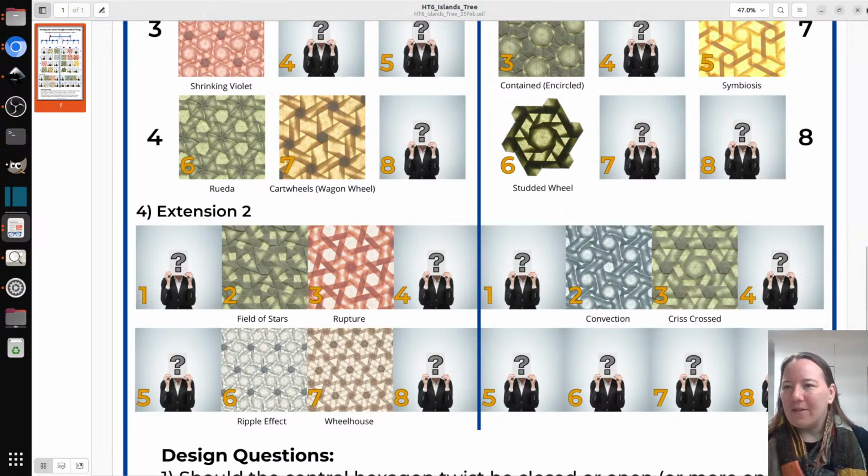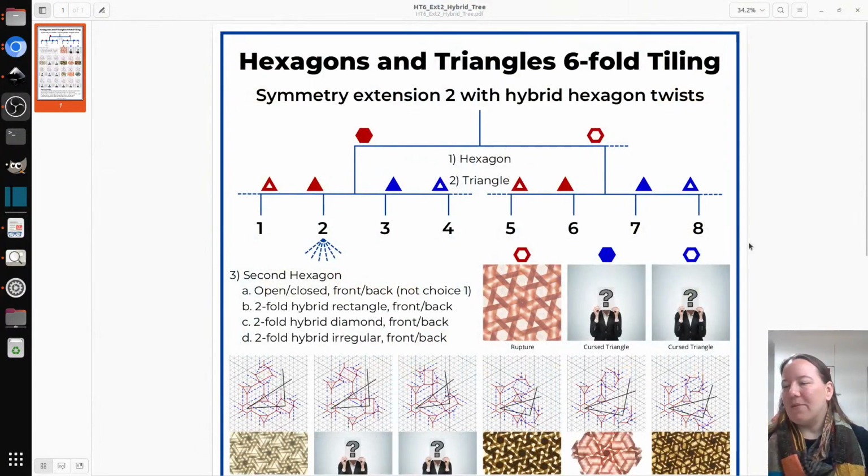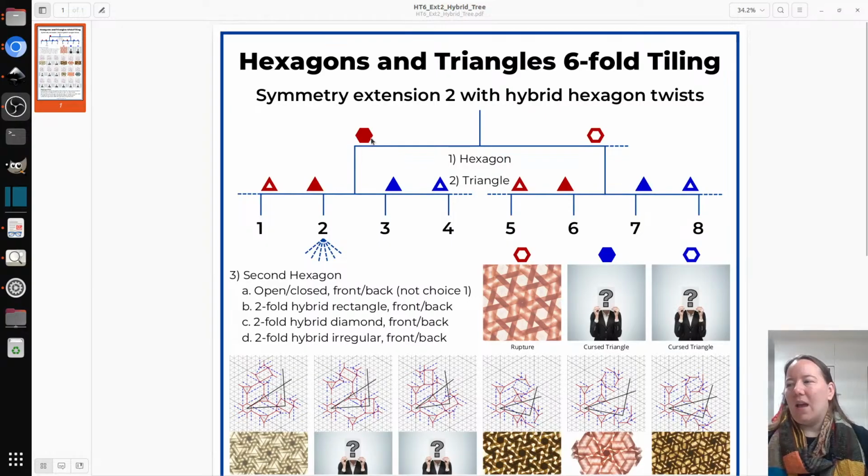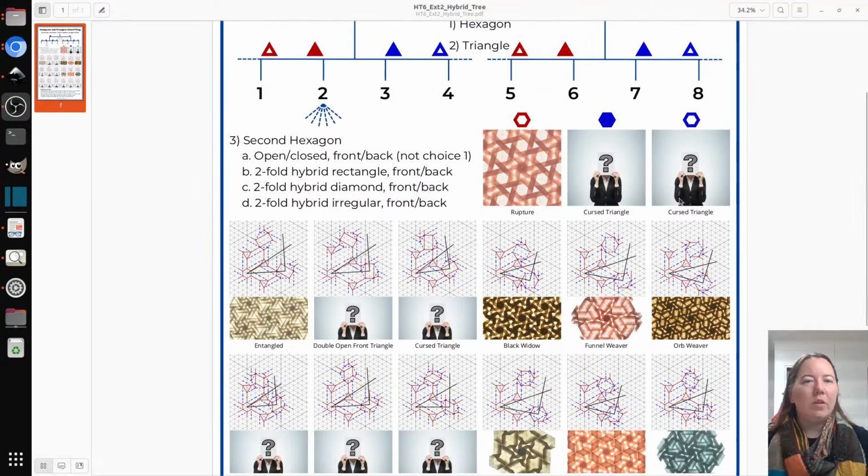And another way of looking at it, we talked about this structure in March of this year, is, okay, I'm going to have a closed hexagon, so either choosing a closed or an open hexagon, and then choosing closed or open triangle on the front or the back of the paper, and then I'm going to choose another hexagon.